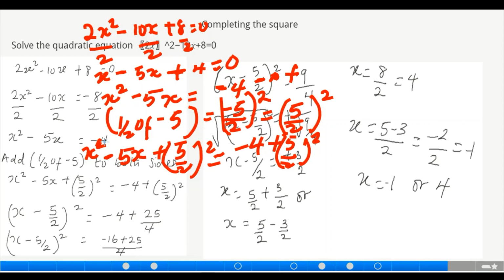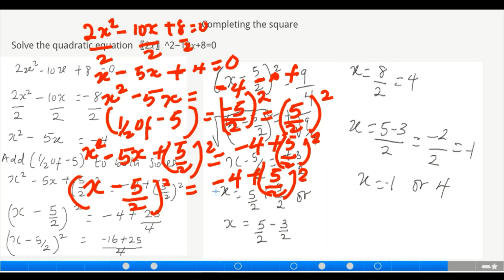The perfect square will give us x minus 5 all divided by 2 all squared. So by the time we expand this, we get back what we have here. Then we have our right hand side to be minus 4 plus 5 over 2 all squared.